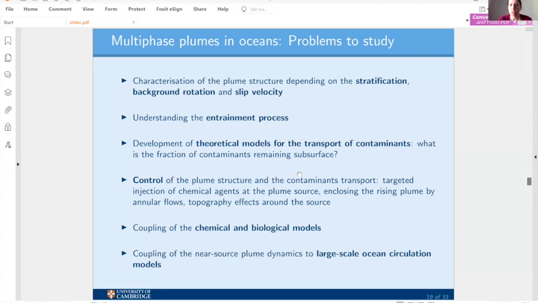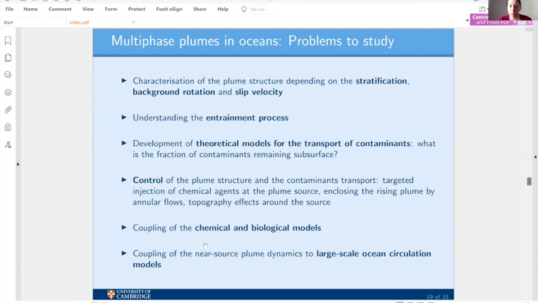And one of the most central questions here is, for example, what is the fraction of contaminants that remains suspended within the water column, and what is the fraction of contaminants which reaches the water surface? And this question, of course, has very serious links to the coupling of chemical and biological models.